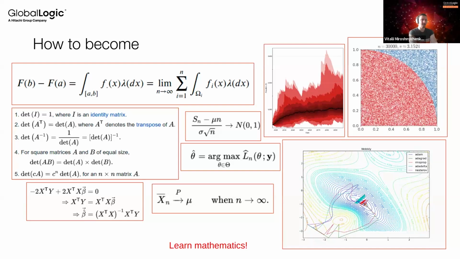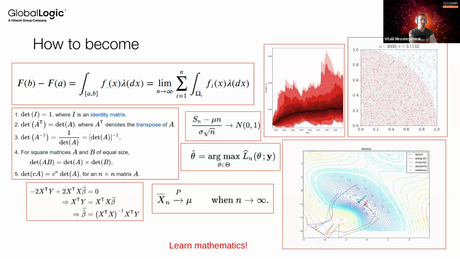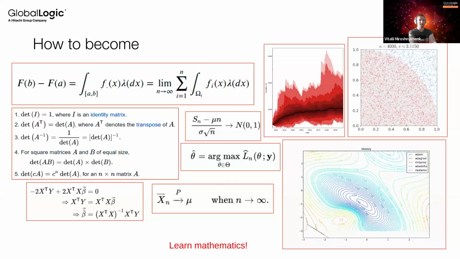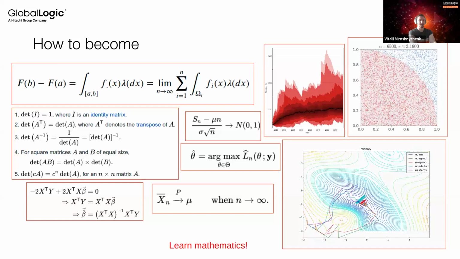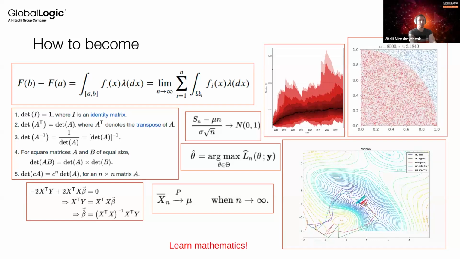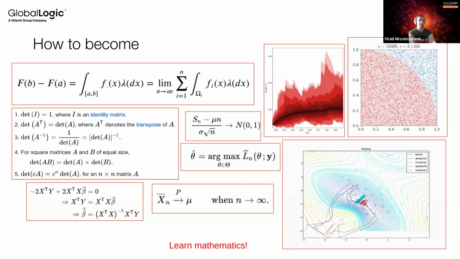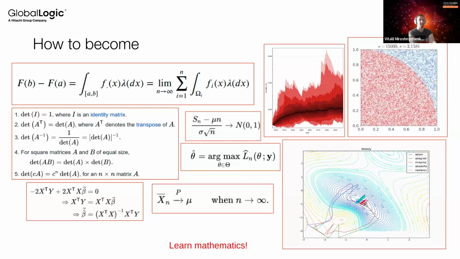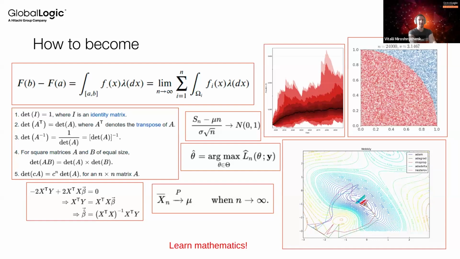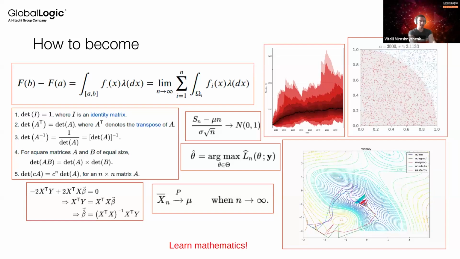If you do not understand all these formulas, just open Wikipedia and read about them. It will take 1 or 2 days. Or open books about calculus, linear algebra, probability theory, statistics. And then after several months or years, you will understand what happens in machine learning.